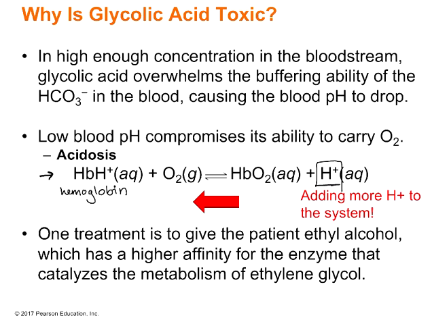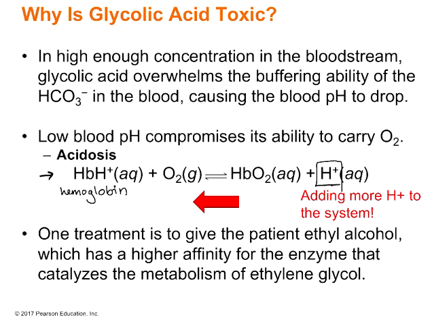And so if the enzyme prefers to attach to ethyl alcohol, that will prevent ethylene glycol from turning into glycolic acid. And so then the pH of the blood should stay relatively the same, and hemoglobin can carry oxygen through the blood.